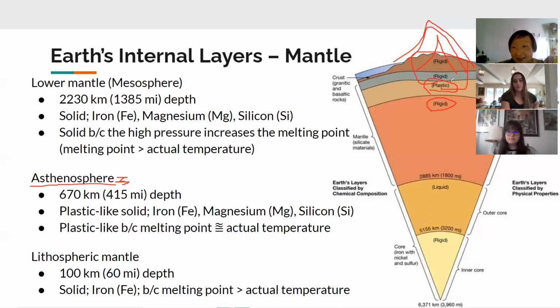Okay, so basically pressure gets less. Then you go to the top layer, the upper mantle. Here temperature loses the battle, because it's too cold to melt those materials. So pressure is able to regain the ground and hold those materials together. So this upper mantle, or we call that rigid upper mantle, becomes solid again, rigid again, like your lower mantle.